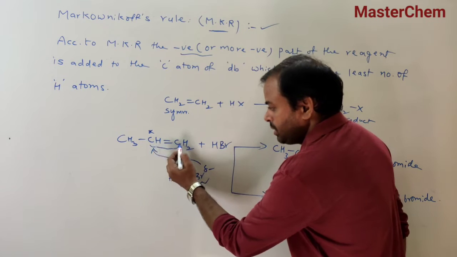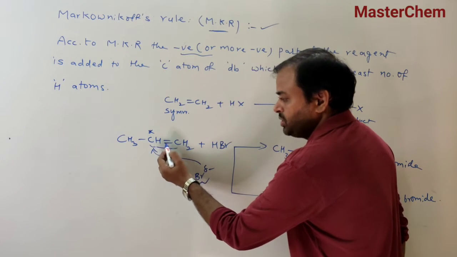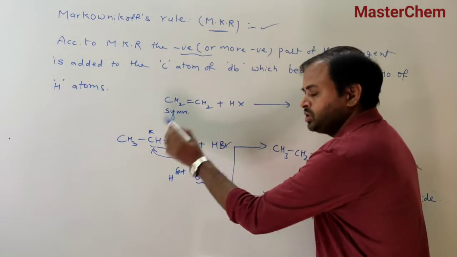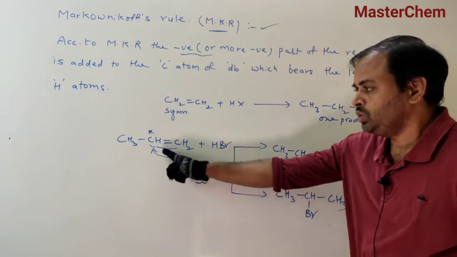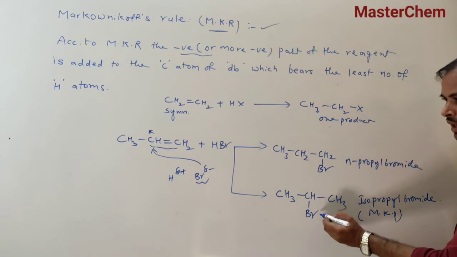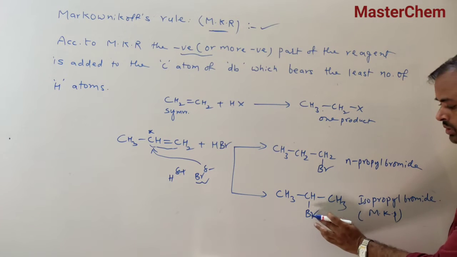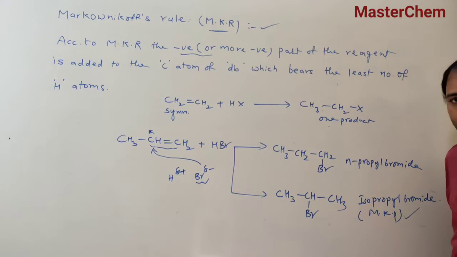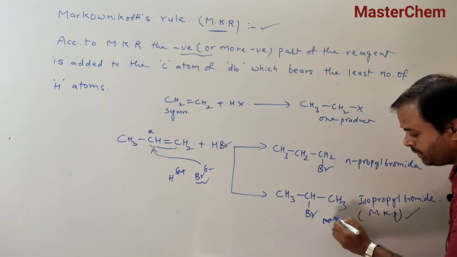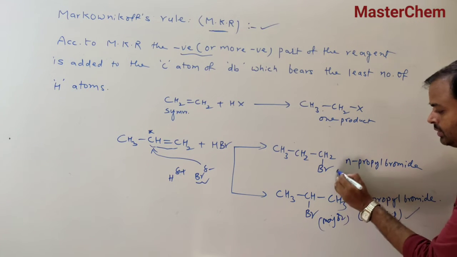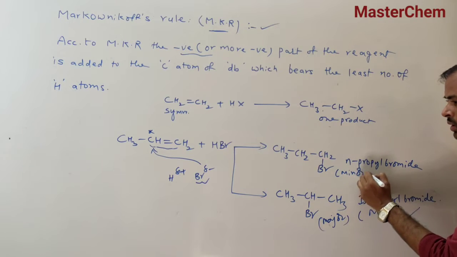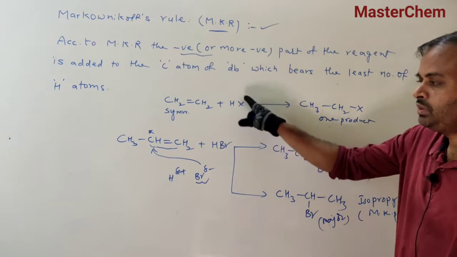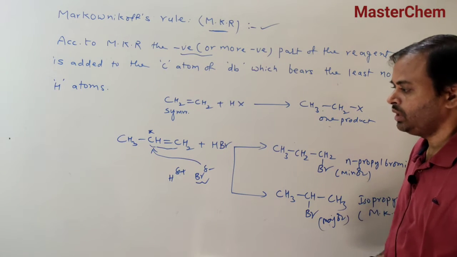That's why we attach Br minus to this carbon, which gives isopropyl bromide. That is why it is called Markovnikov's product, and it is the major product. This one is minor. That is the difference between symmetrical and unsymmetrical alkenes.